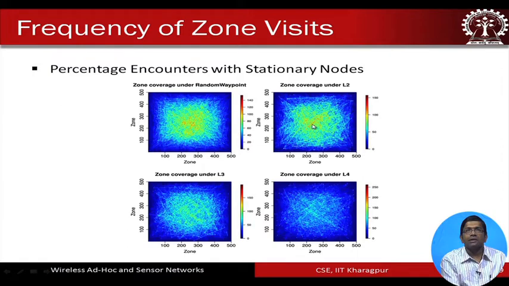Compared to that, L2 has a somewhat flatter distribution of the nodes, L3 is even better in terms of flatness, and L4 looks even better, with a better distribution of the nodes across the entire terrain.